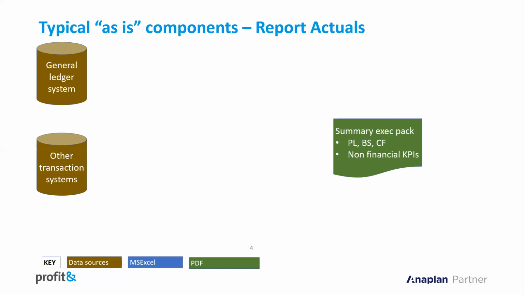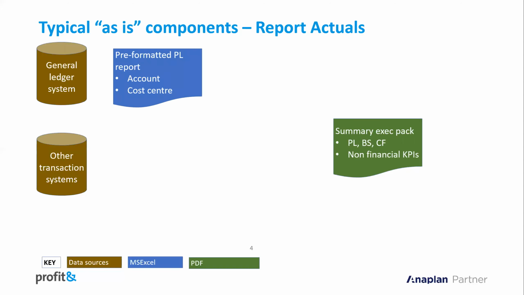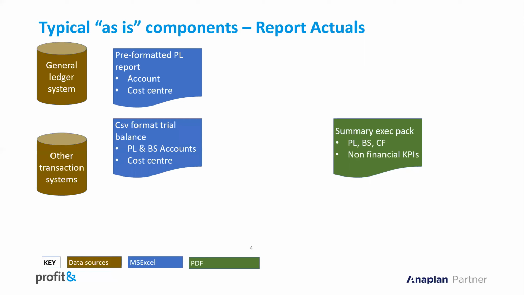PDF. The problem is between the two, where we'll get maybe a pre-formatted P&L account, which is produced by the general ledger system. We'll then maybe get some CSV format exports, such as the trial balance, going out of the ledger system. And all of that stuff will have to be transformed, often through multiple spreadsheets on different people's desktops, into a P&L, balance sheet and cash flow.